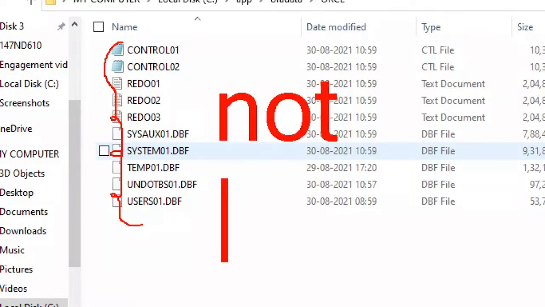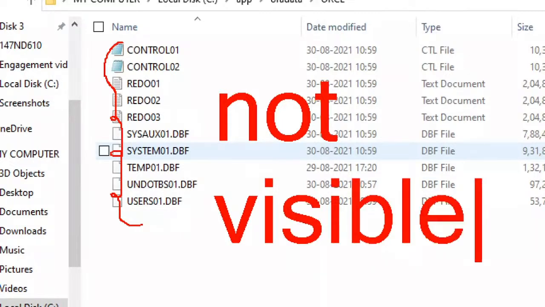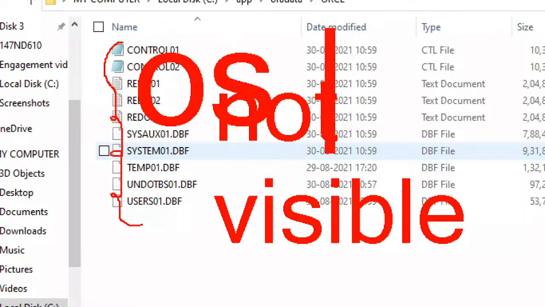This is not visible. That's why a structure which is not visible in the operating system, OS, is called a logical structure. Very, very important. Tables are not visible in the C drive, D drive and so on. Views are not visible in the C drive, D drive, E drive. Indexes, functions, procedures are not visible. They are visible in a database, I agree, but unfortunately not in the operating system.